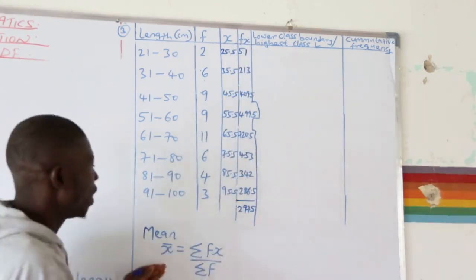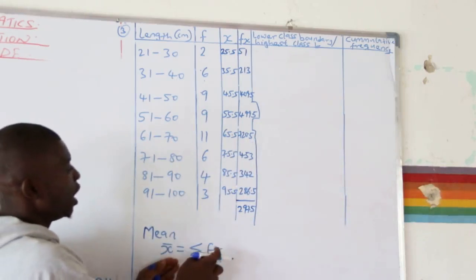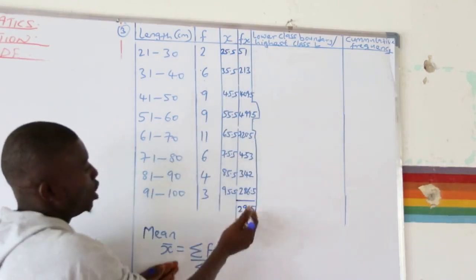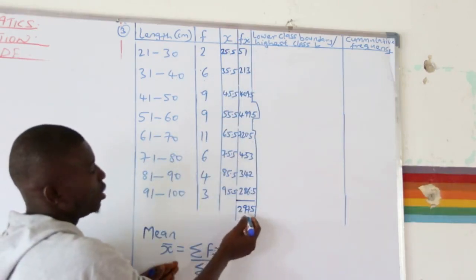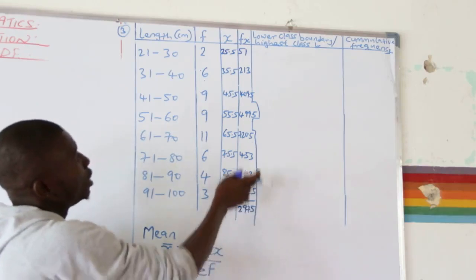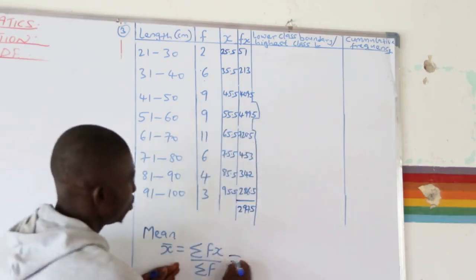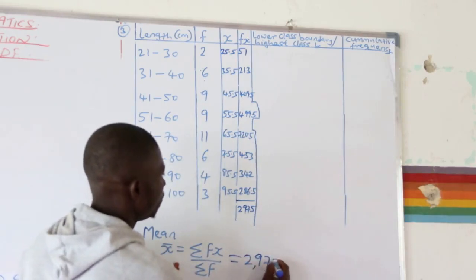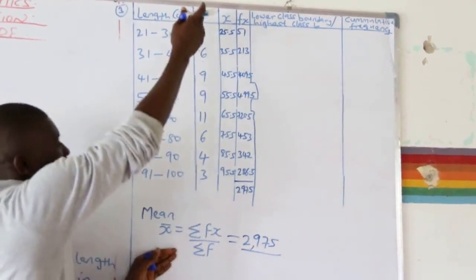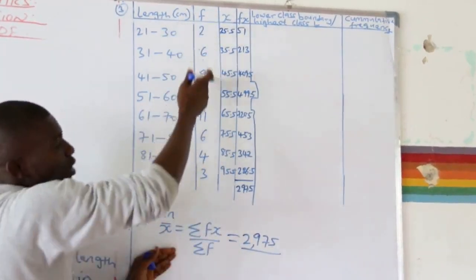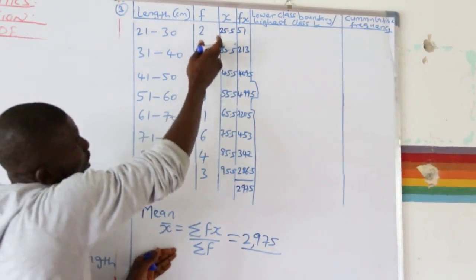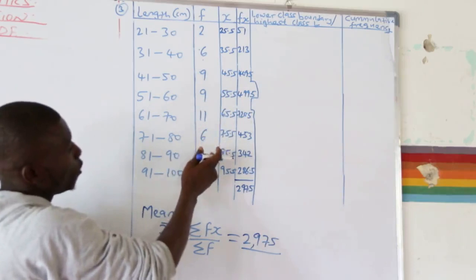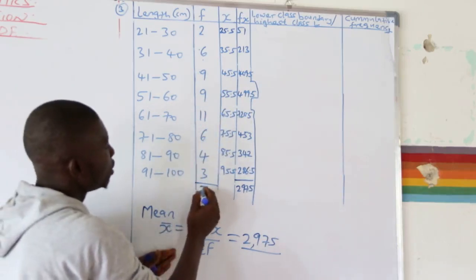Now these are our fx. Don't forget our mean says summation fx over summation f. If we add all these numbers together, you will get 2,975. So summation fx equals 2,975, divided by summation f. Our summation f is our frequency. If you add 2 plus 6 plus 9 plus 9 plus 11 plus 6 plus 4 plus 3, it will give us 50.